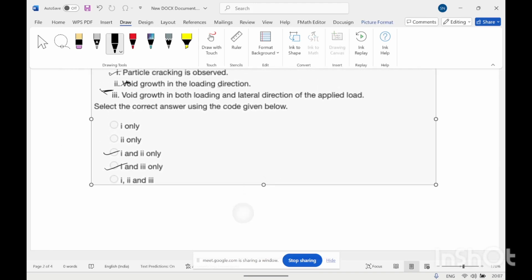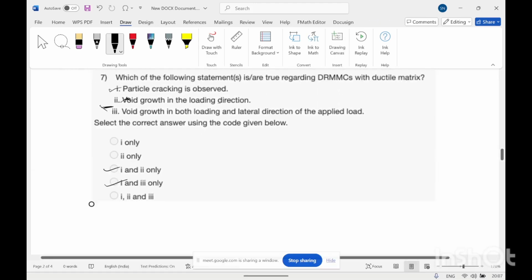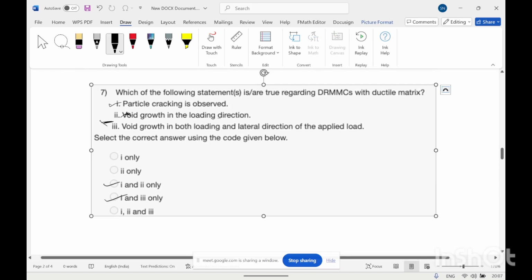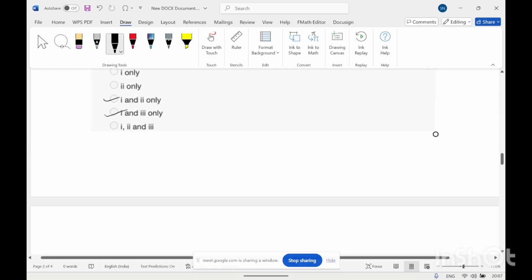Means in the ductile matrix only the crack growth, void growth in the loading direction, and there will be hardly any lateral growth direction that leads to the increase in elongation before fracture. So first and second option is correct.